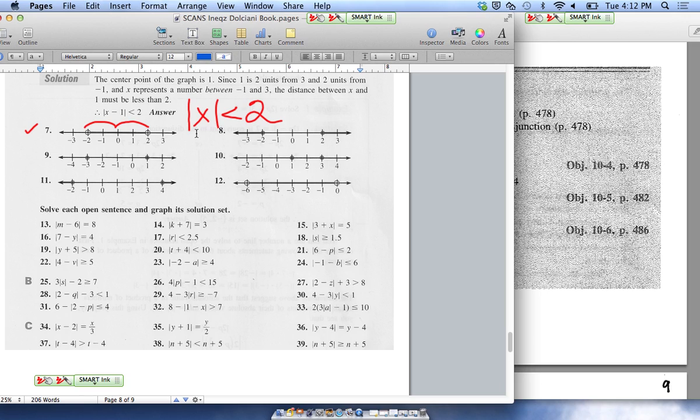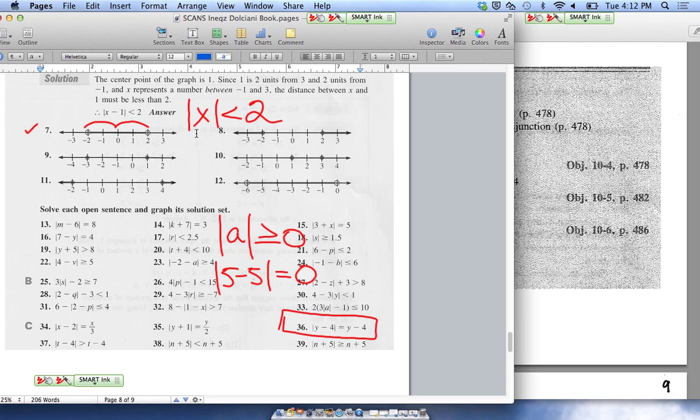And then finally at the end, at the bottom, there are a few down here that are interesting. Just make sure that absolute value is always positive or 0. So the basic rule would be the absolute value of a number must be greater than or equal to 0. So it's okay for me to have something like 5 minus 5, because the absolute value of that would be 0.